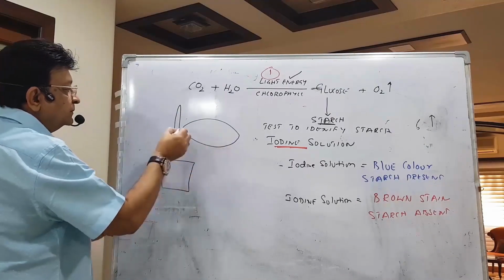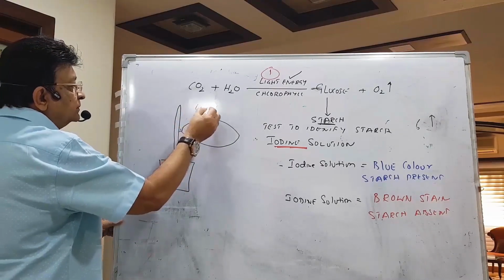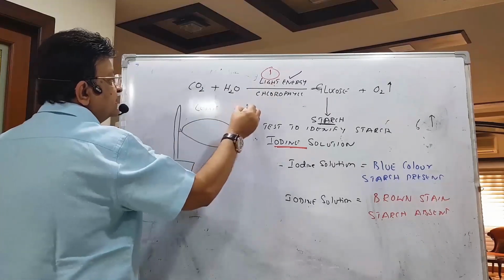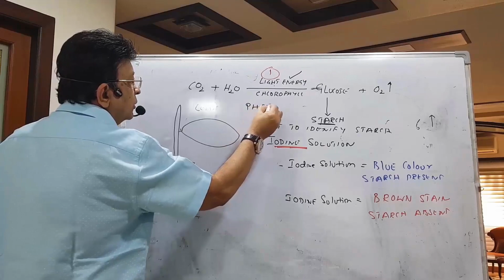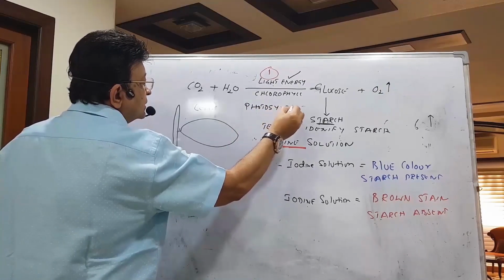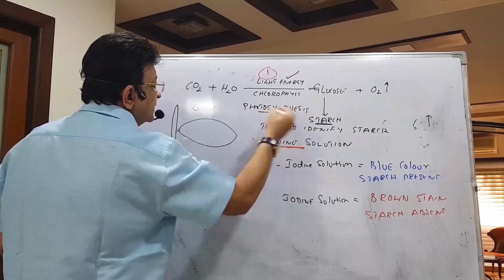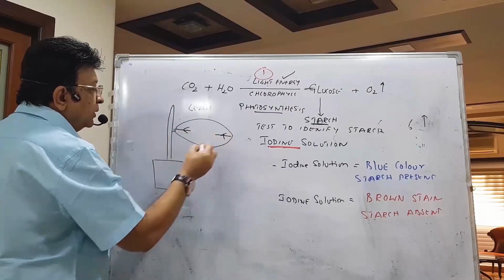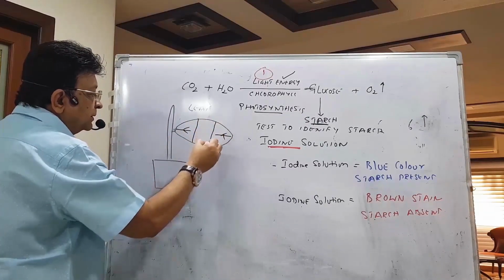This then is the leaf. Now I want to demonstrate that light is necessary for photosynthesis. Light is required. So what did I do? On this I put a black paper.